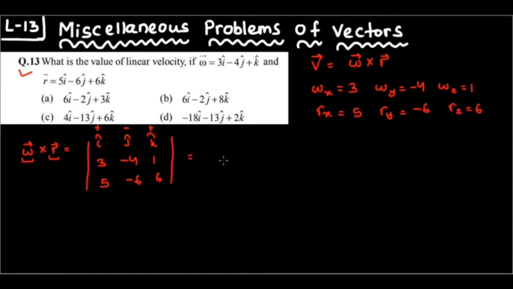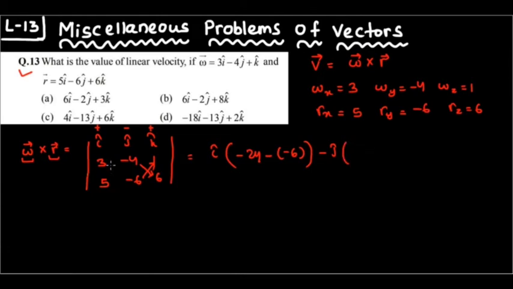Now how to proceed? We all know the process. So i cap into minus 4 into 6, that will be minus 24, minus 1 into minus 6, that will be minus 6. So this is your first term, and then write minus of j cap.